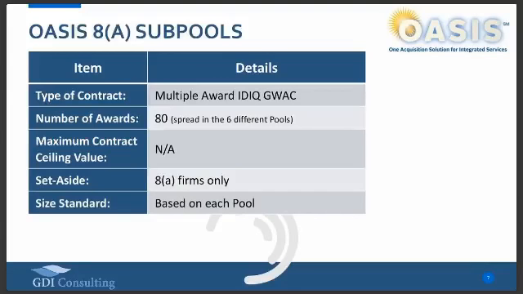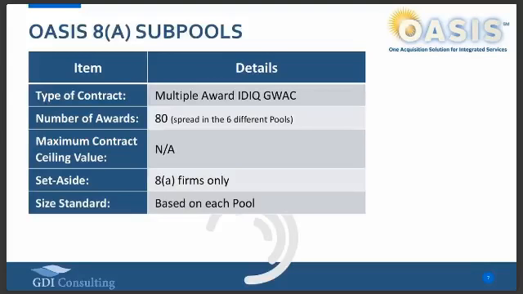Otherwise, the information about OASIS is already available on the budget that they're going to go for. But they haven't said anything about, or at least I don't know of, 8A budgets that they have thought about. Set aside, as mentioned, is only 8A firms on this one. And the size standard is based on each pool.